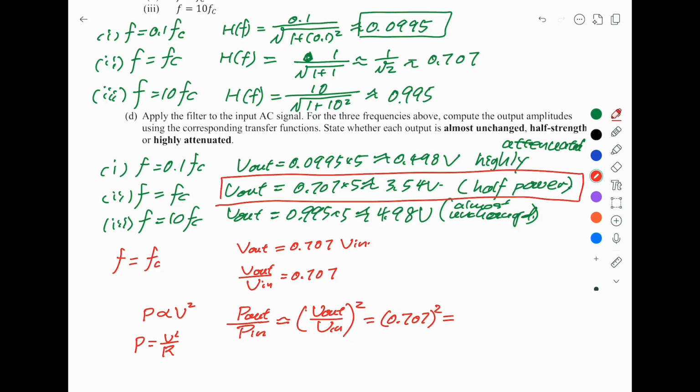And if you plug this into your calculator, you find this is roughly equal to 0.5. So in terms of power, you get only half the power at this point. And if you calculate the dB, it's minus 3 dB.